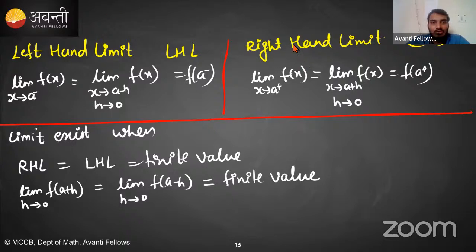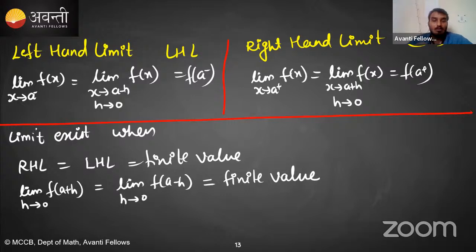So whenever you have to find limit, you have to find the left hand limit and the right hand limit separately and check first whether these values are finite, and then check whether these values are equal. If both conditions are satisfied, then you will say limit exists.